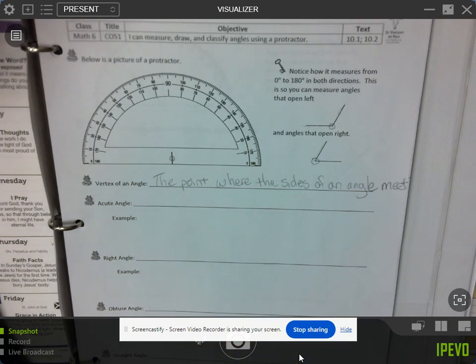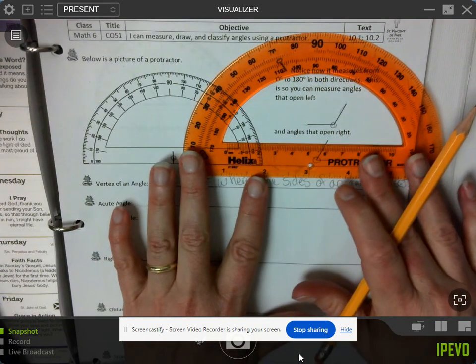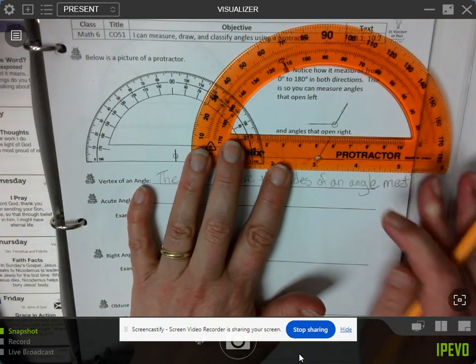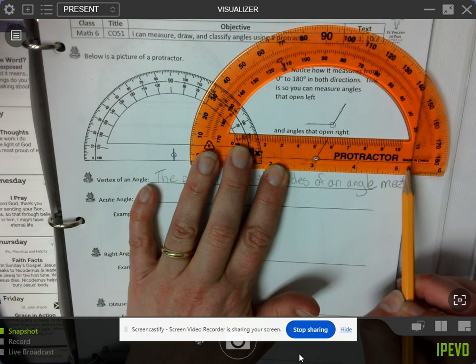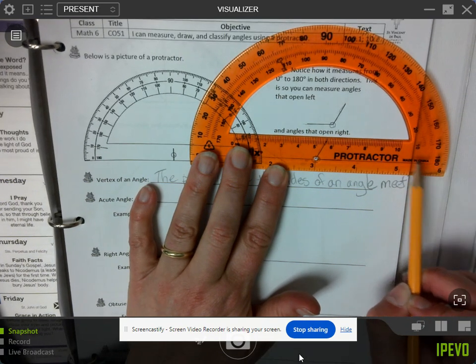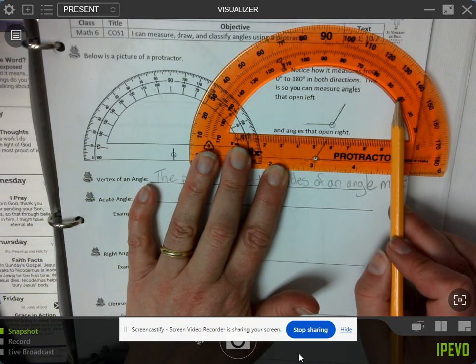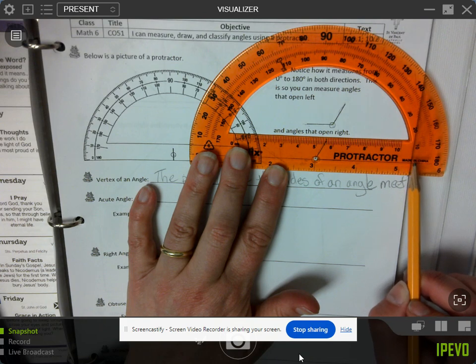Now we have different types. So using the protractor, you would line it up like this. Line up that bottom line. I can see it's pointing to the 0 on the inside. Now it doesn't have a 0 listed, but I know 40, 30, 20, 10. I know the 0 is going to be right here.